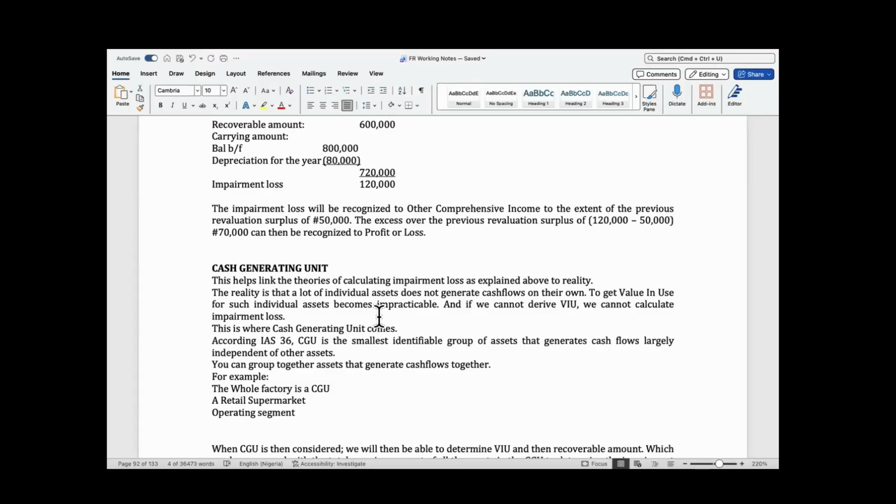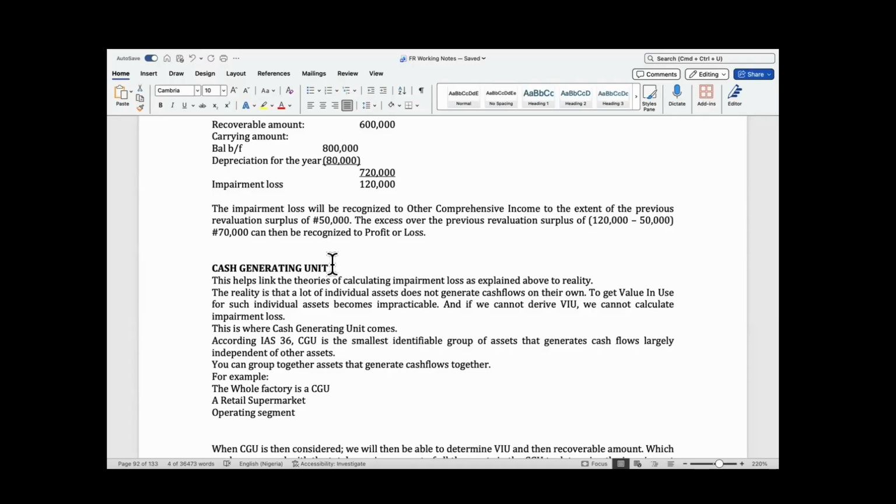Yes, you can determine net realizable value of most assets, but to determine their value in use is difficult because they don't generate money on their own. Because of that, we cannot determine their value in use. Then how do we impair such assets?